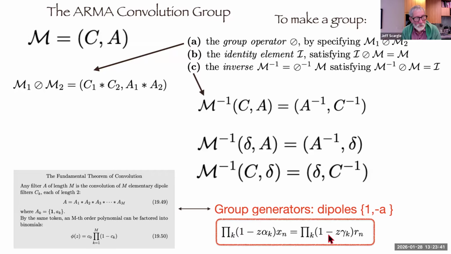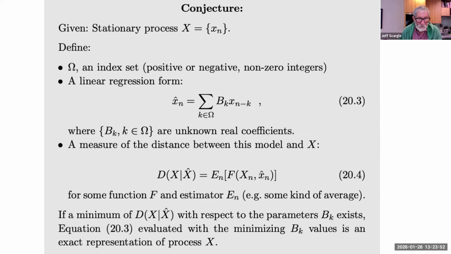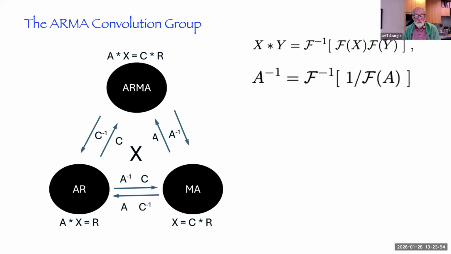And combining those in various ways convolutionally, you can generate any of this family of things in this picture here. So that's all I had planned. And once again, thanks for all your feedback.